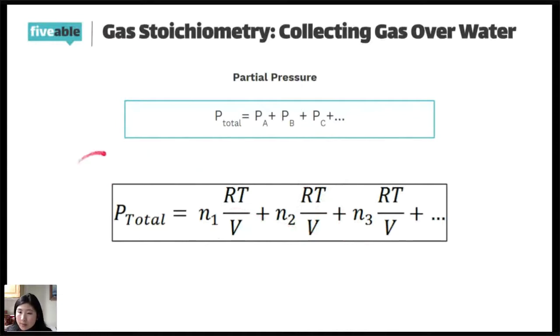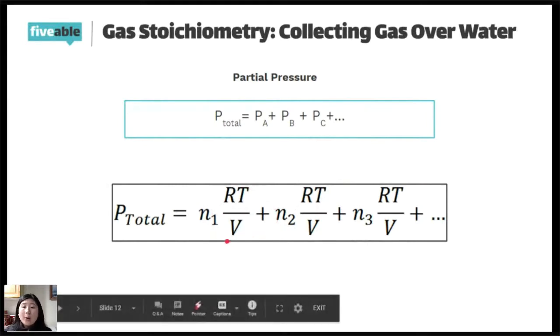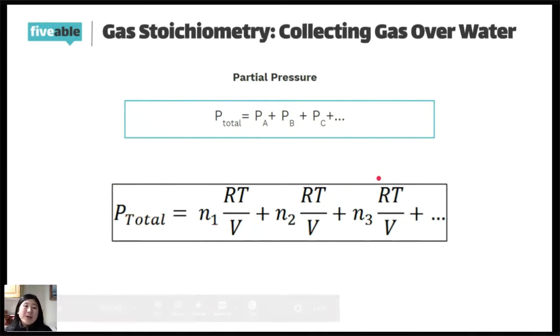And if they were sharing the same volume, then they will all have the same volume. They're in the same container, which in this case they are, so they will all share the same volume and the same temperature, right? Because if we're having one container, we won't have 3 different temperatures in the same container. We will have the same temperature in one single container.